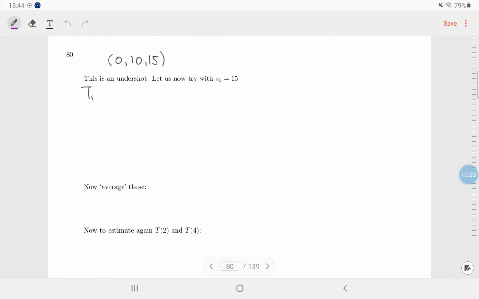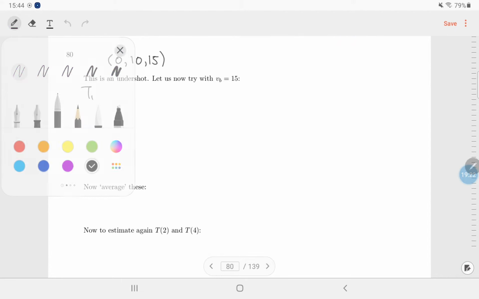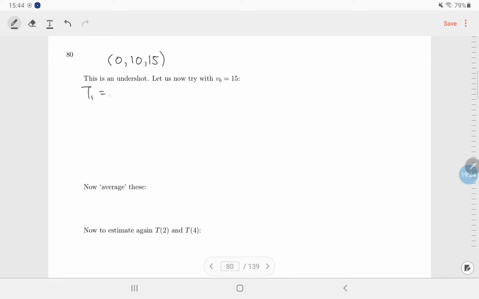Okay, so let's come up here again. T1 is previous temperature, which is 10, plus the step size, which is 2, times the previous slope. Now we're just chancing our arm with 15. So this will give us 40.